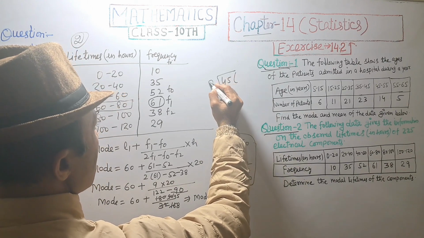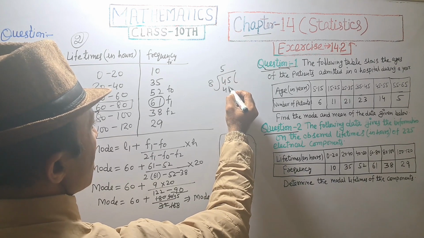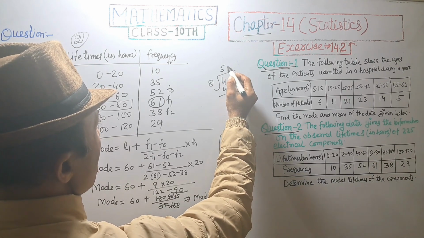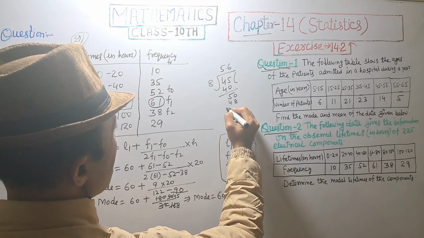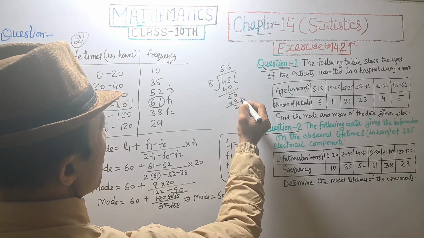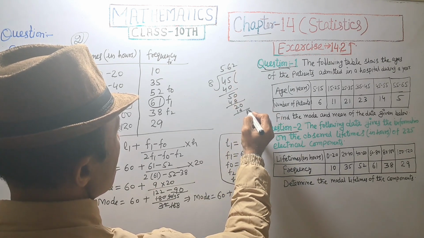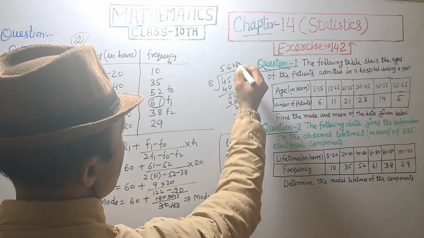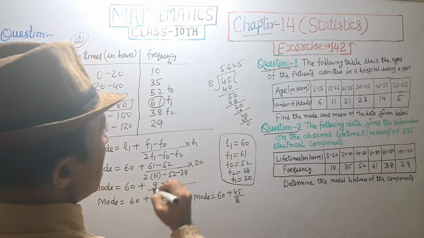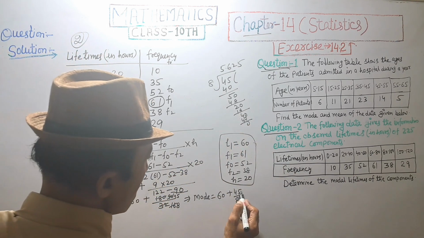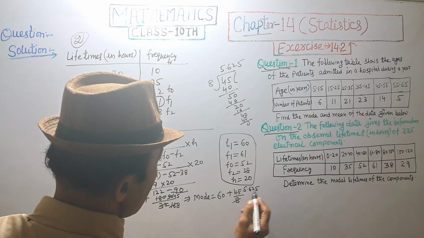45 divided by 8. 8 fives are 40, 45.0. 8 sixes are 48, so 8 fives are 40, remainder 5. Then 50, 8 sixes are 48, remainder 2. Then 20, 8 twos are 16, remainder 4. Then 40, 8 fives are 40, complete. That is 5.625.